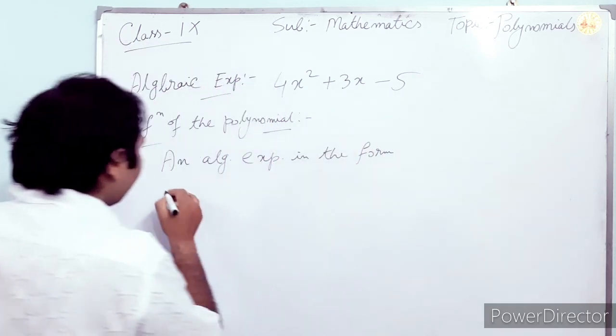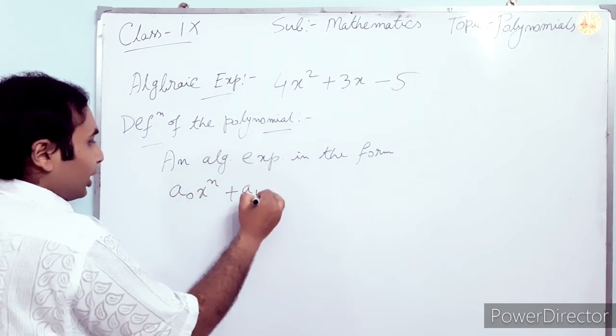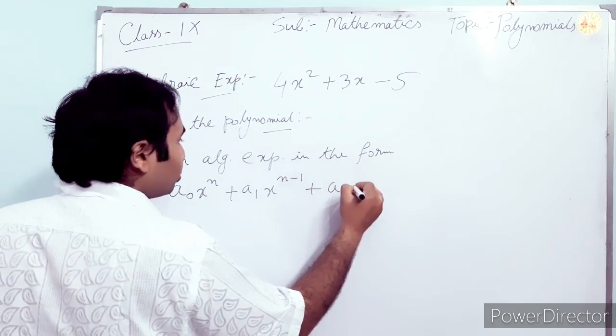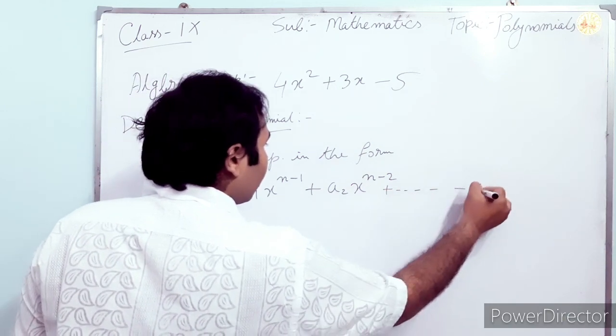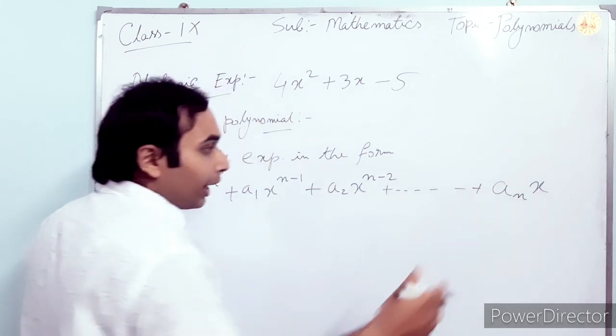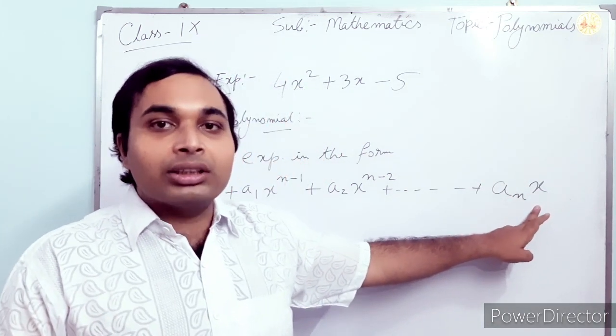So in the form a0 x to the power n plus a1 x to the power n minus 1 plus a2 x to the power n minus 2, dot dot dot, an x to the power, actually the last term will be x to the power n minus n.